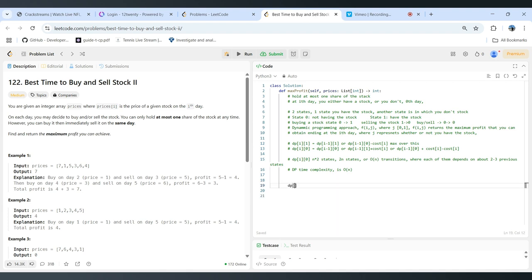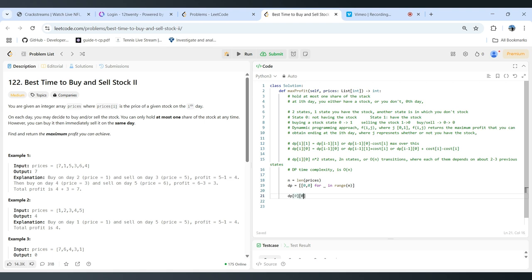So let's say dp is initialized as 0 for range n, and n is going to be the length of prices. Okay, so initially you can either sell the stock immediately.